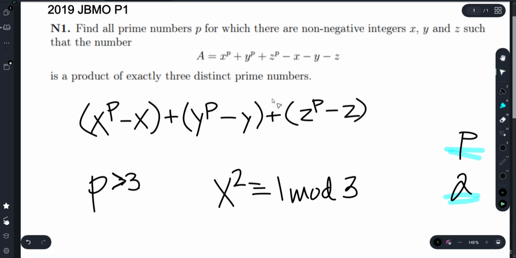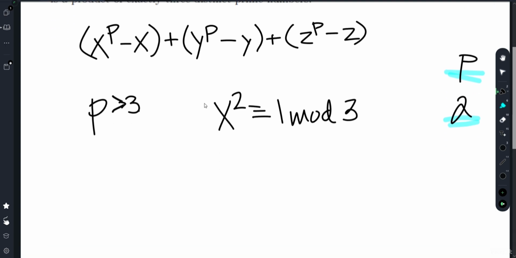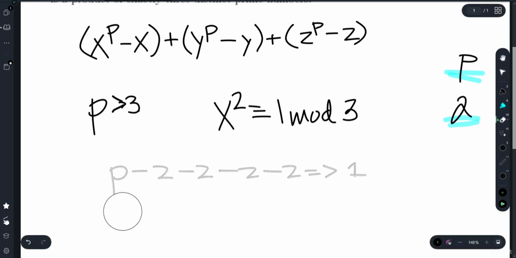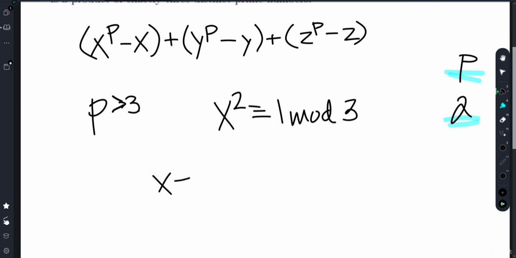So since p is greater than 3, p is an odd prime that is greater than 2 and 3, so we can just subtract 2's over and over to get to 1. And so x to the 1 minus x is 0, so all of them are 0 mod 3, so 3 is also a value.